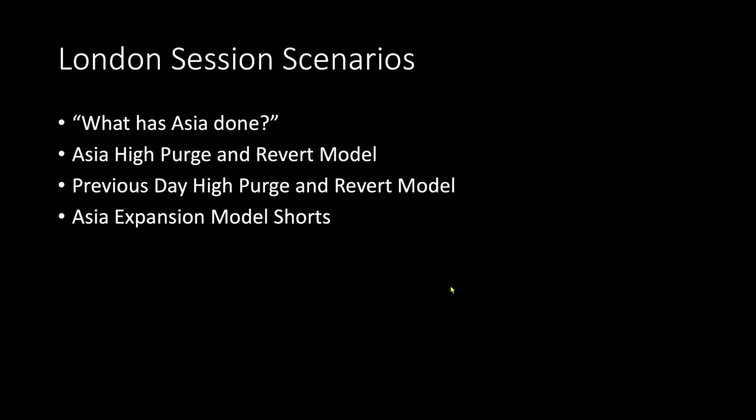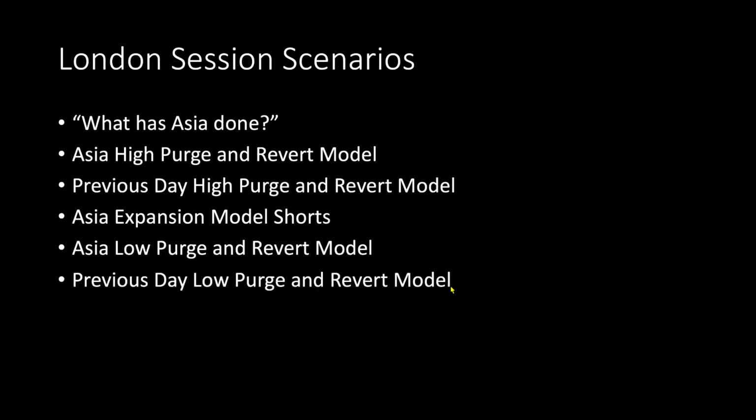Then we will discuss the Asia Expansion model for shorts. Then we will take a look at the Asia Low, Purge and Revert model. After that, we will take a look at the previous day Low, Purge and Revert model. And then finally, we will take a look at the Asia Expansion model for longs.